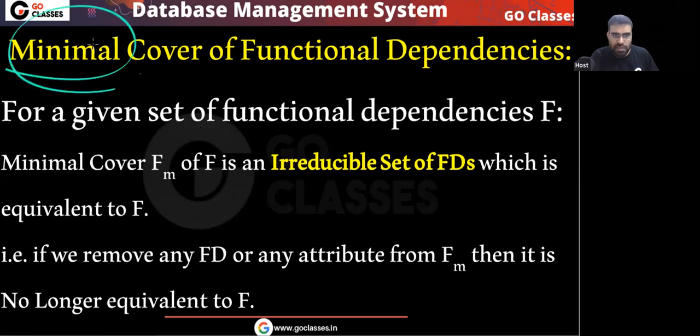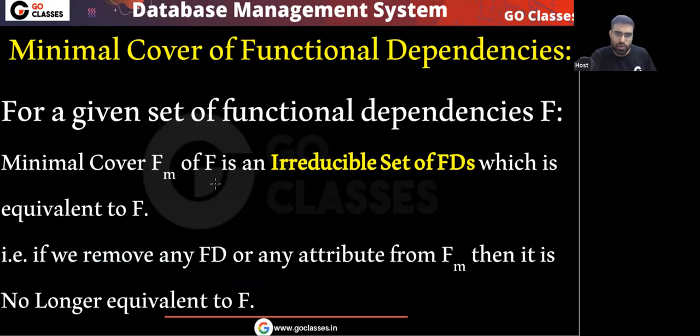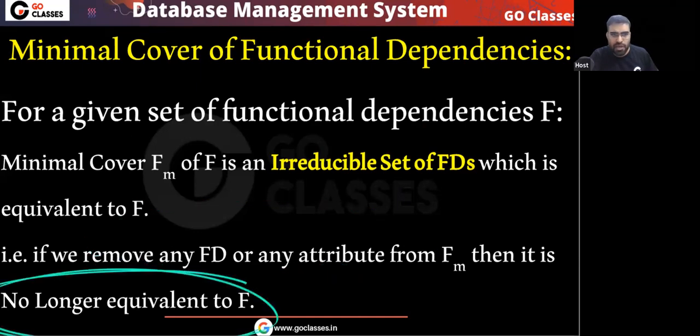Which word gives you more intuition about the definition? The word irreducible: an irreducible set of FDs means you cannot reduce further.